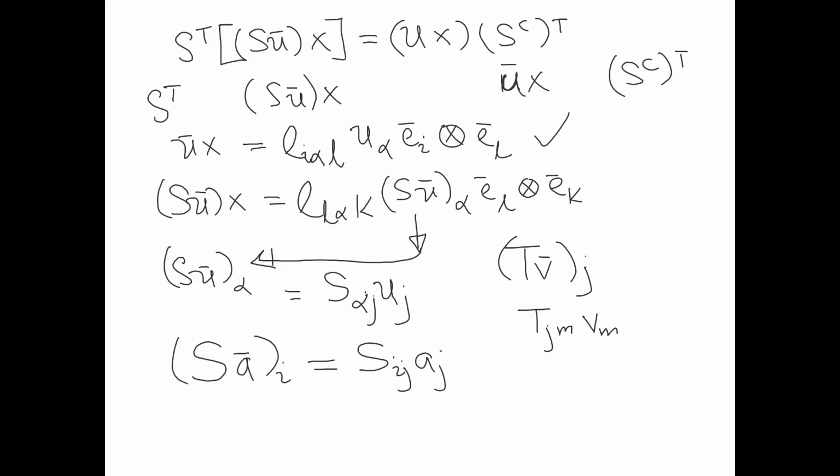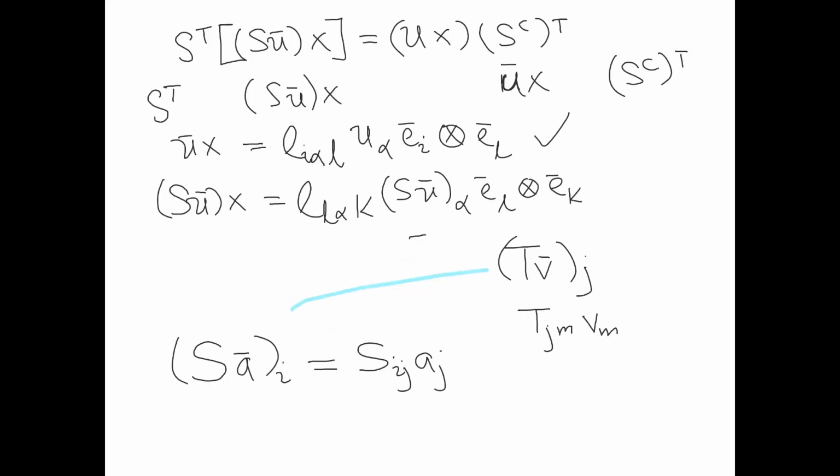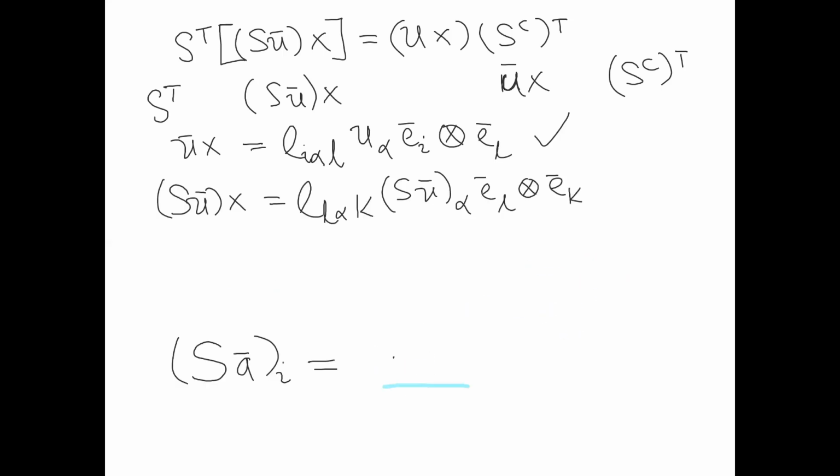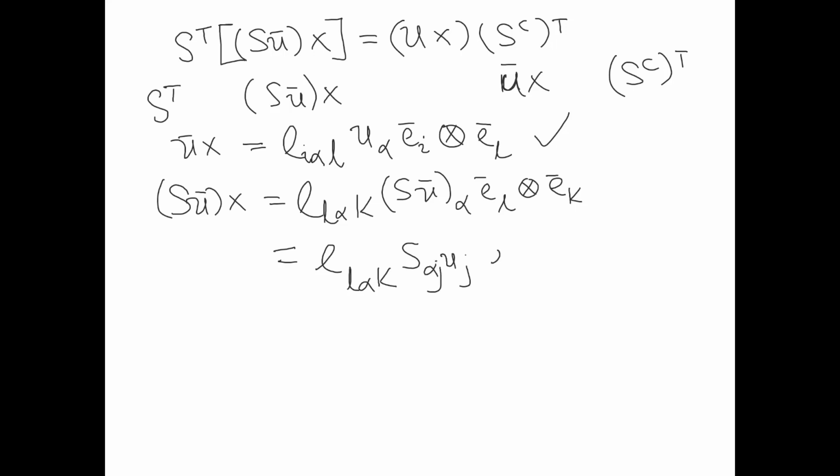Good. So just remember that pattern. Fantastic. Good, good, good. So let me clean this. So I'm going to write that component form back inside that. So my SU cross, I can now write as EL alpha K, S alpha J, UJ, EL, EK.